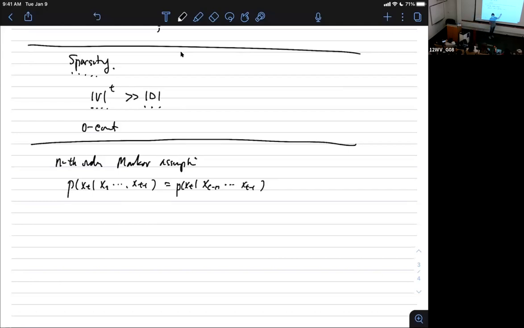It could be n minus 1, doesn't really matter. So to get the probability of the word at position t, we should have looked at all the previous words. But with the nth order Markov assumption, we only look at the n previous words and ignore any dependency on words that were further away than n steps.